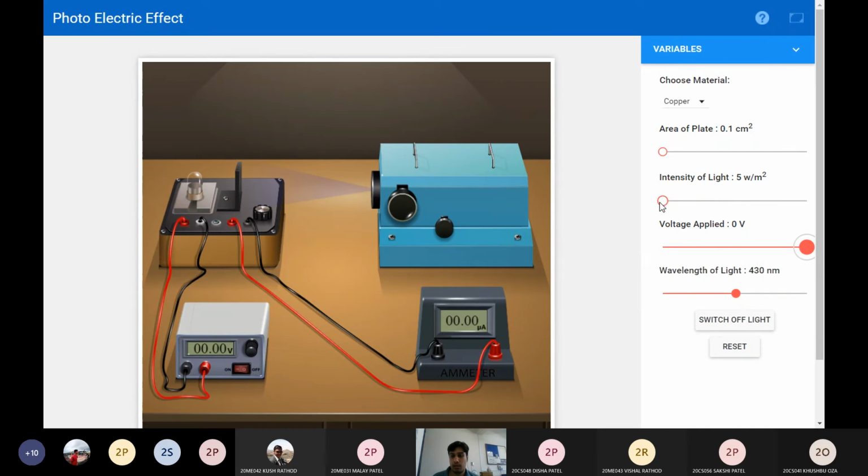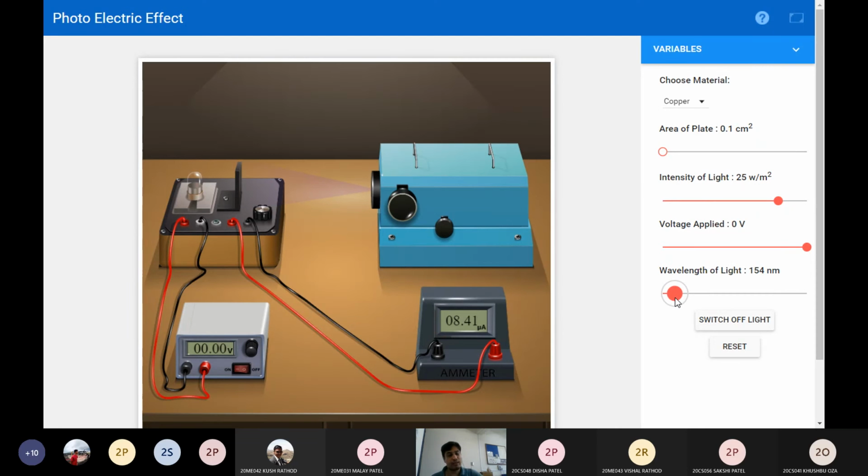Yes, see, by changing the intensity we can now see some change. We can see the change in current by changing the intensity as well as the wavelength. So for different wavelengths we will get different values.